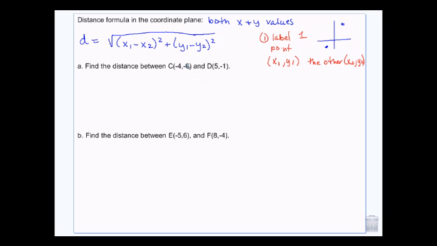So this can be x1, y1, or this can be x1, y1. What you cannot do is put a 1 and a 2 in the same parentheses. So I can't say x1, y2. They both have to be 1s or they both have to be 2s. I usually just go in order, but that's just me.